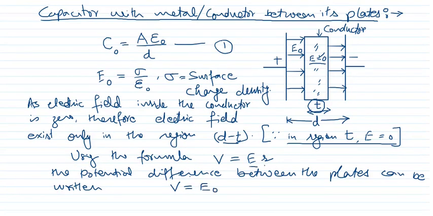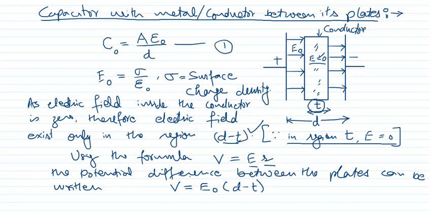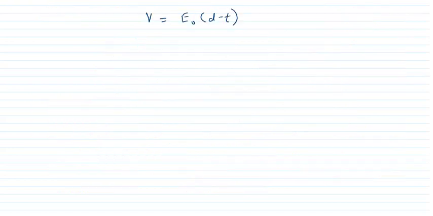E is E naught. What is the R? R is D minus T. So therefore V is equal to E naught into D minus T. E naught D minus T.